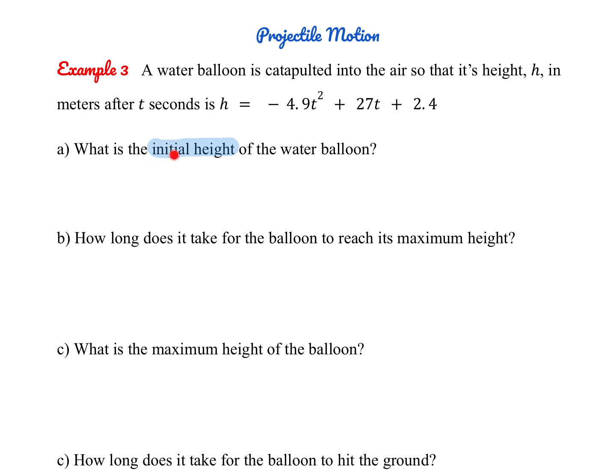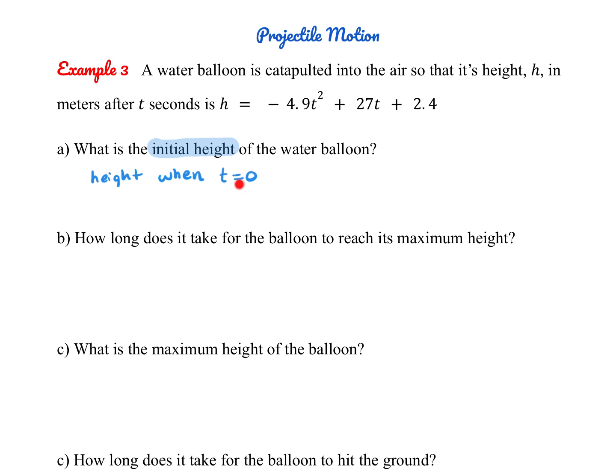So we need to know what initial means. Initial means the starting height. And then we need to infer a little bit from there. If it's the starting height, that means it's the height when t equals 0, when the time is 0. So initial is always going to be when the time is 0 or at the beginning of your experiment.